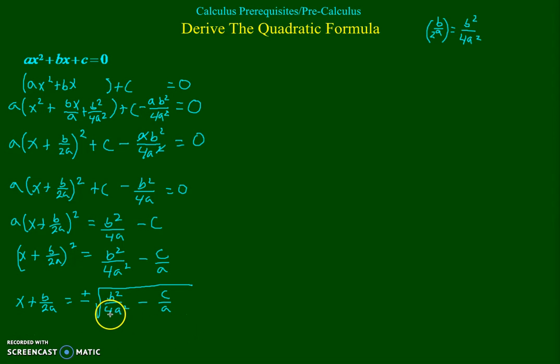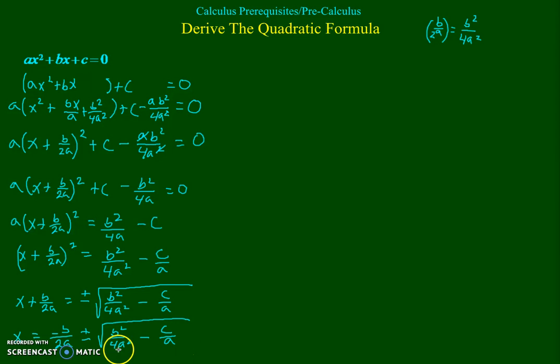Just to wrap this up on this side, let's subtract this from both sides. So we have x equals negative b over 2a plus or minus the square root of b squared over 4a squared minus c over a.